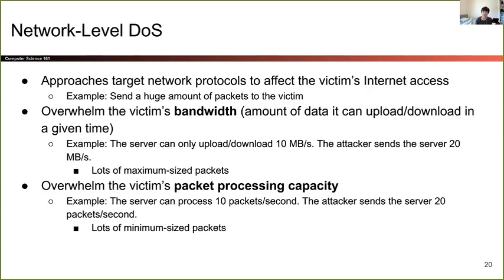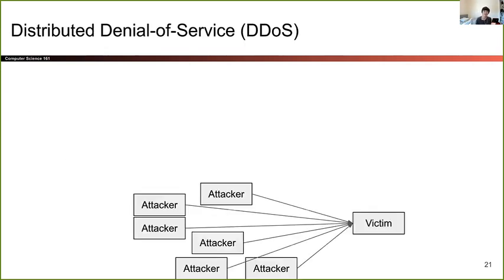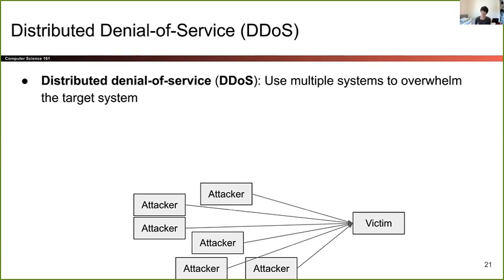All right, so those are the basic attacks, and we can definitely scale this up very, very large, very quickly. So distributed denial of service, which is DDoS, a term that many people will have heard on the internet. The basic idea is just to use multiple systems to overwhelm the target system.